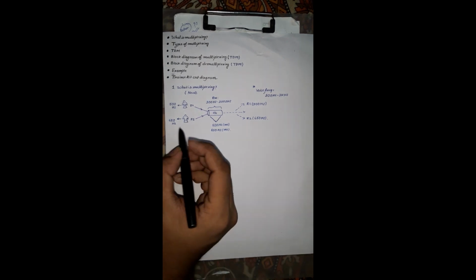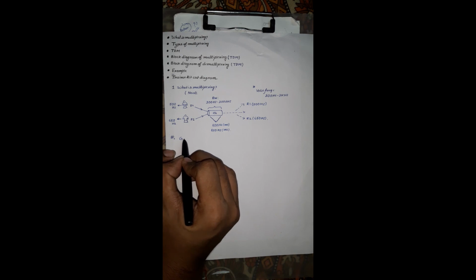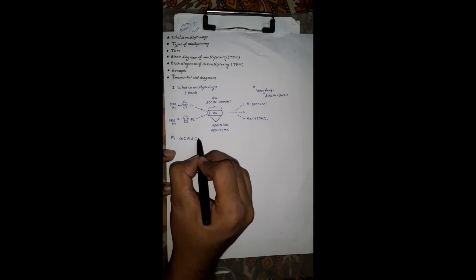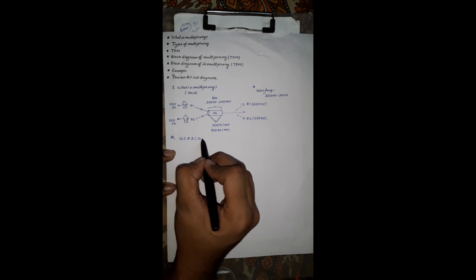Even that may be completely the same also, but in most cases they are different. If you notice carefully, if you have some idea of music and you like to play guitar, you may observe that the acoustic guitar has 6 strings: C, G, A, B, C, and G minor also.